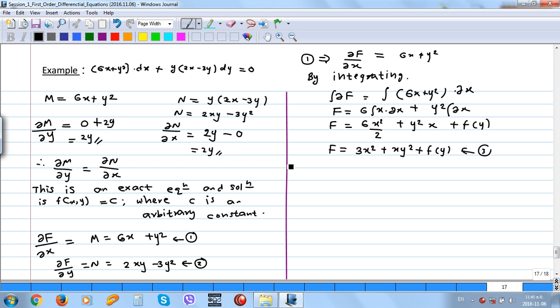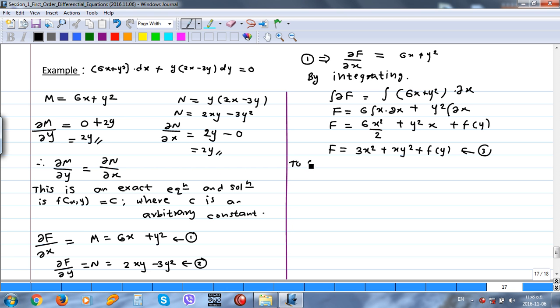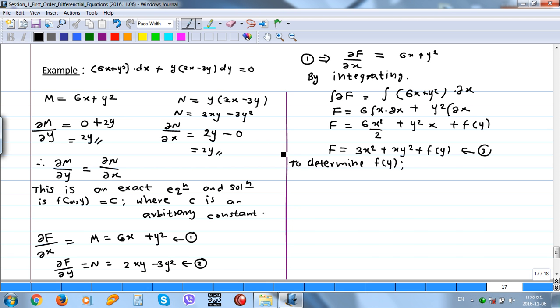So we need to determine f(y). To determine f(y), we differentiate this third equation with respect to y.